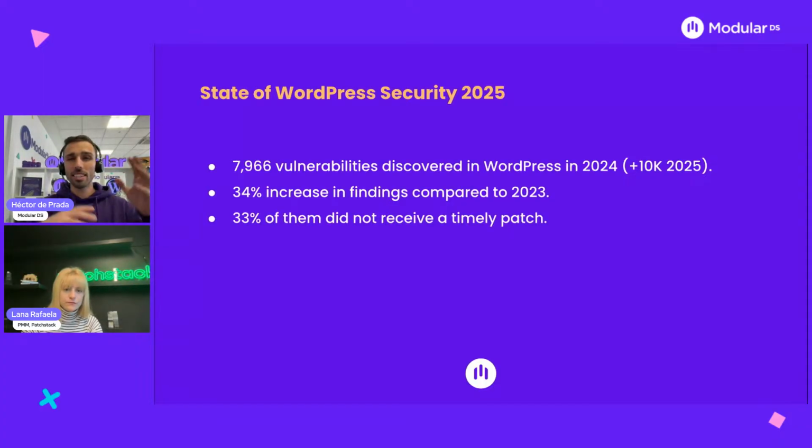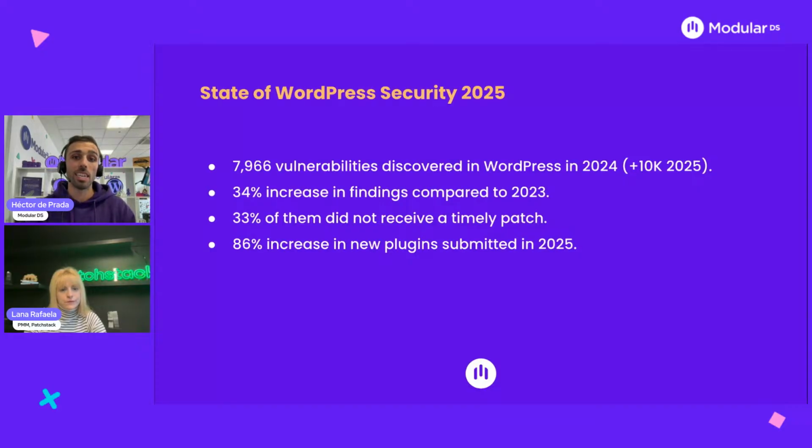And the most important thing that we as WordPress managers should watch is that a third of these vulnerabilities were not patched in time, which basically made a lot of websites vulnerable to different kinds of attacks. So this is for me the most important thing.